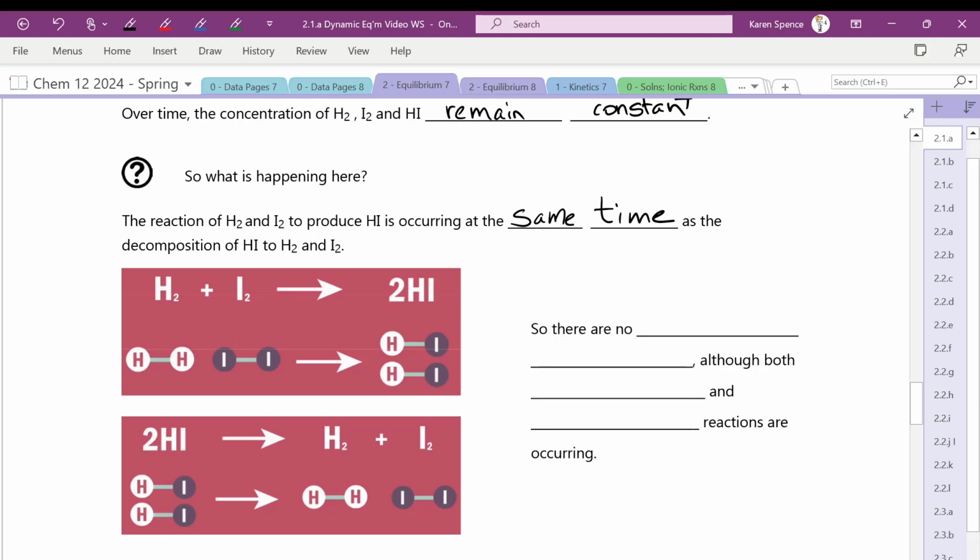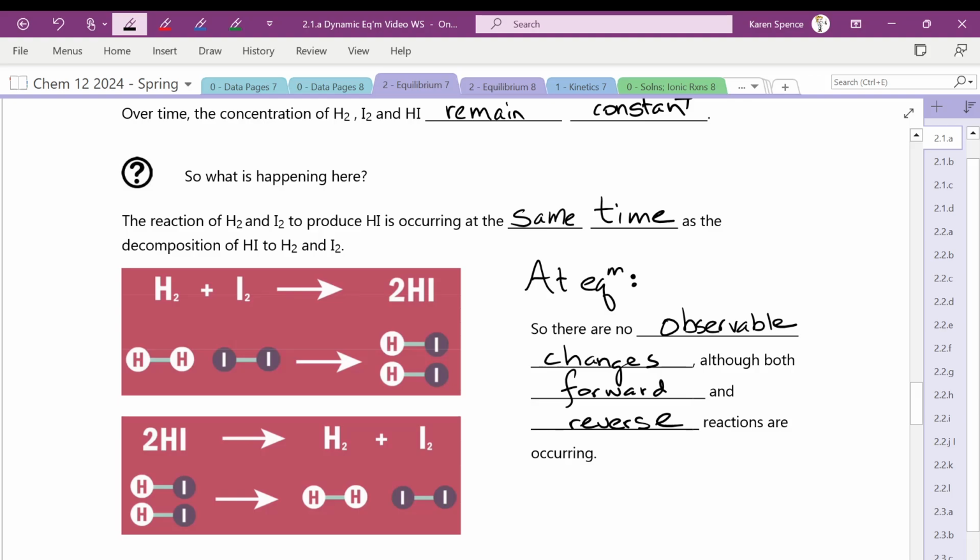Okay, so these two processes are happening simultaneously. So there are no what? Observable changes. So you won't see an increase once you hit equilibrium, although both the forward and the reverse reactions are occurring.